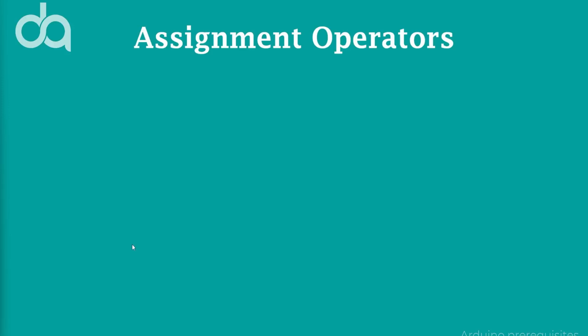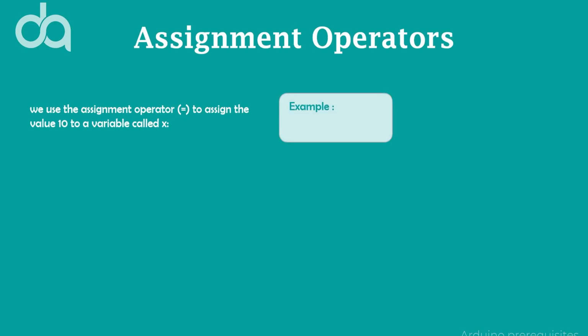Okay guys, assignment operators. Assignment operators are used to assign values to variables. In the example here, we use the assignment operator equal to assign the value 10 to a variable called x. You can see here. Okay, and the addition assignment operator adds a value to a variable.